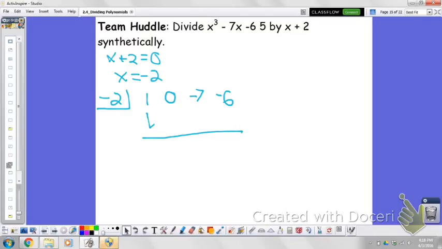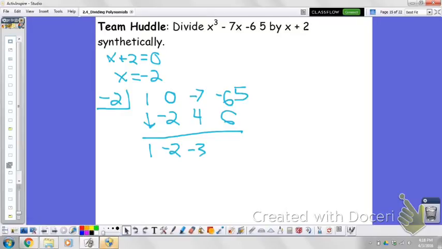First step is to bring the 1 down. 1 times negative 2 is negative 2. 0 plus negative 2, negative 2. Multiply negative 2 by negative 2 gives me a 4. Add negative 7 and 4, which is negative 3. Negative 2 times negative 3 is 6. Add them. I'm sorry, this should be 65. My bad.